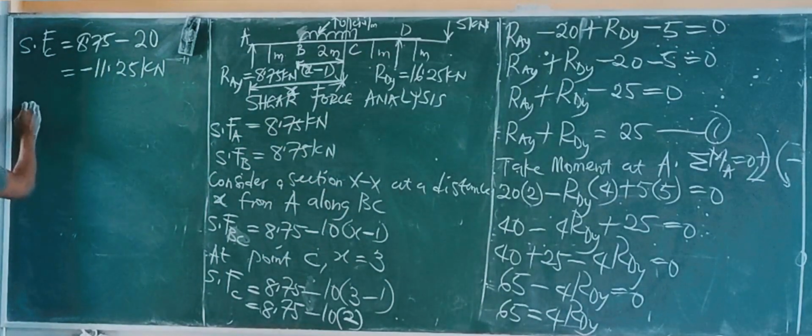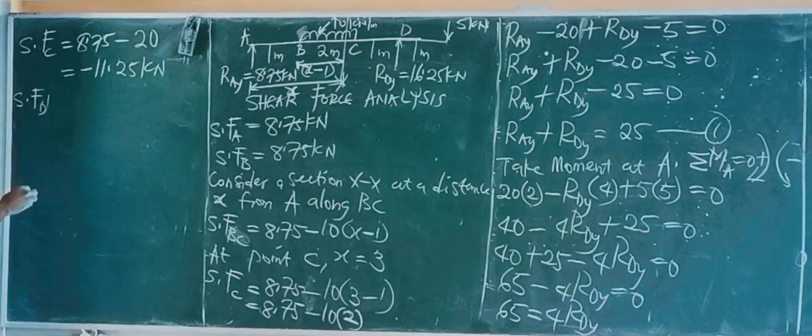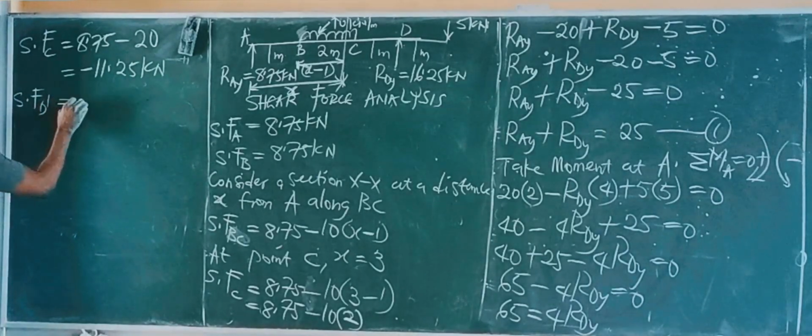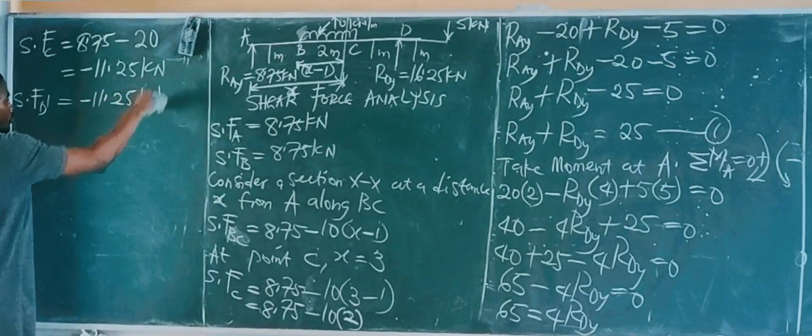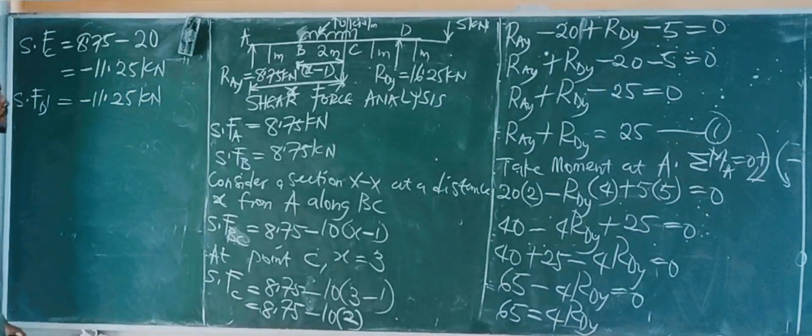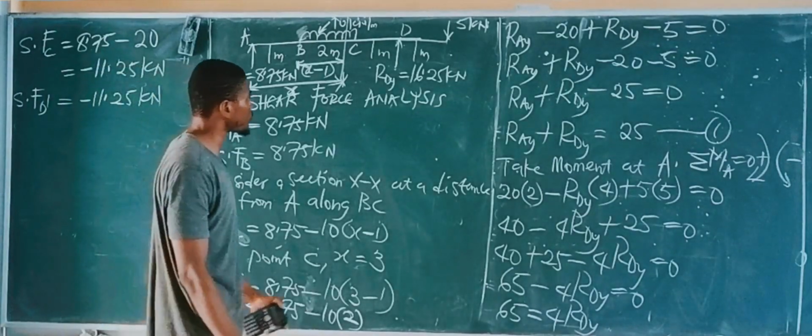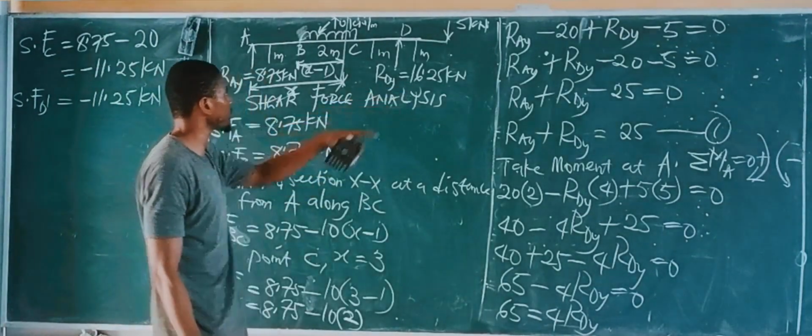So we simply have shear force D prime. Initially at point D, the force remains minus 11.25 kilonewtons. But finally at point D prime, it now encounters a force of what? 16.25 kilonewtons.